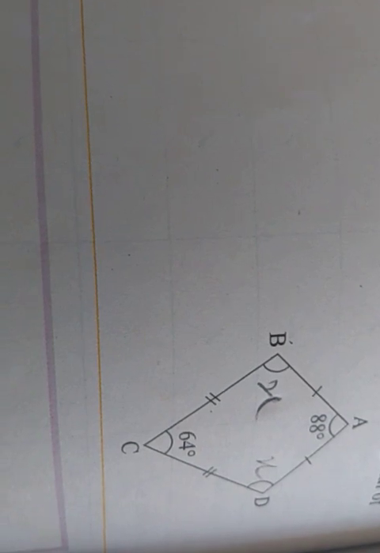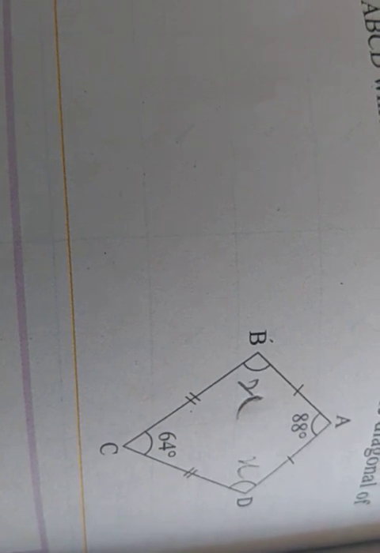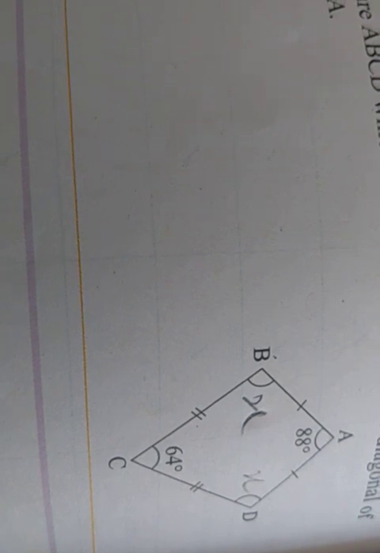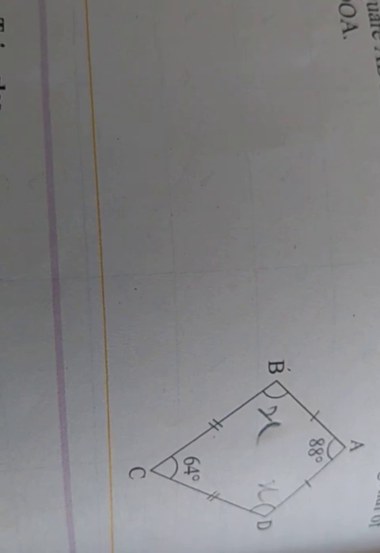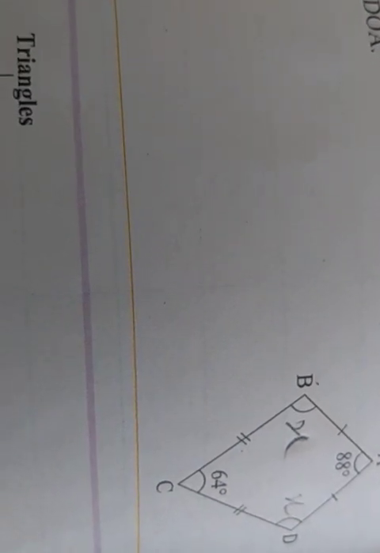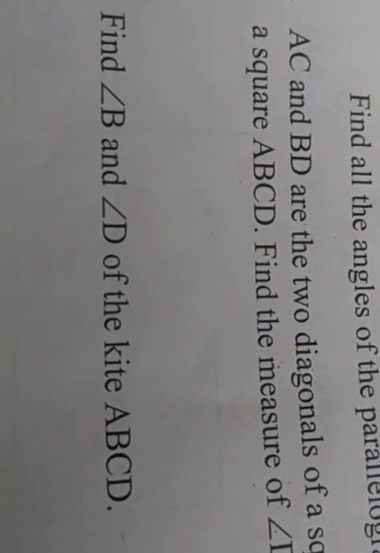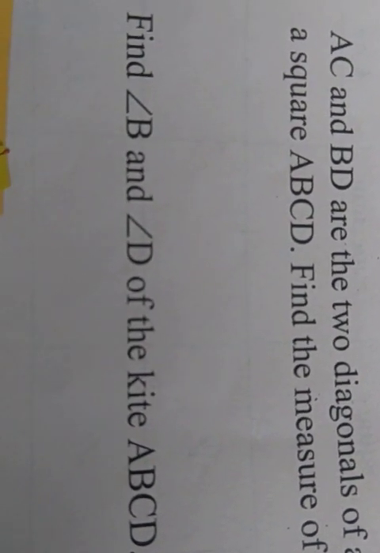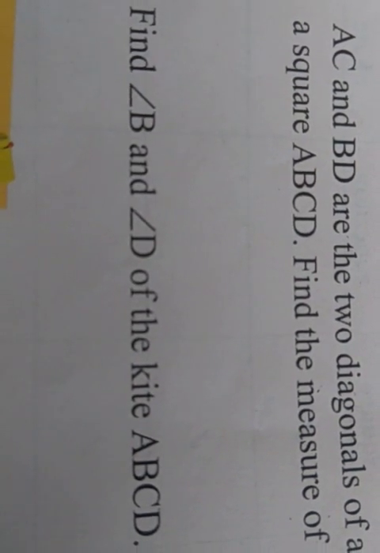Here you are given the shape of kite. ABCD is a kite here, and angle A and angle C are given to you, and you are asked to find angle B and angle D of the kite ABCD.